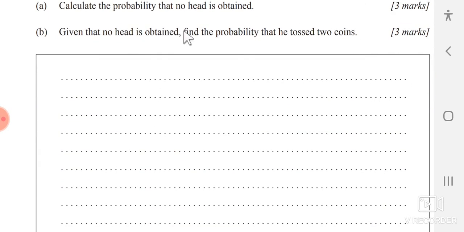And in the same way, given that no head is obtained, find the probability that he tossed 2 coins. Now it's a very simple question.